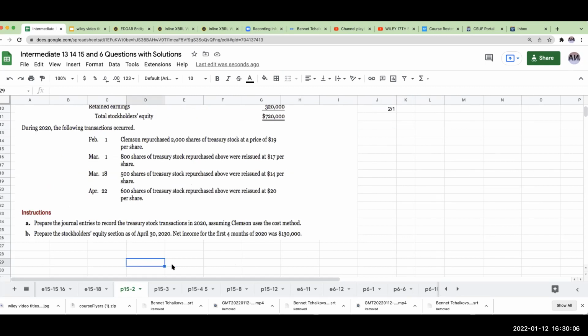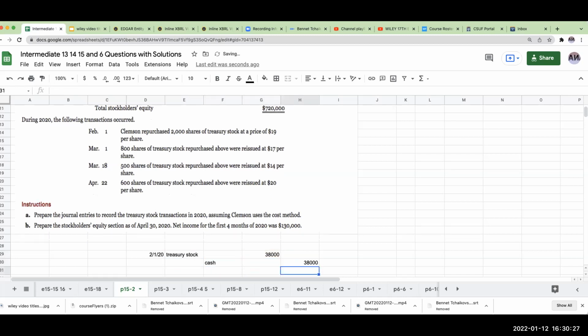So when I do treasury stock transactions on 2/1/20, I'm going to debit treasury stock for the amount that I'm paying for the shares, which is going to be 2,000 times 19. I'm going to credit cash for the same amount. I'd also need to show a description to record purchase of treasury stock.